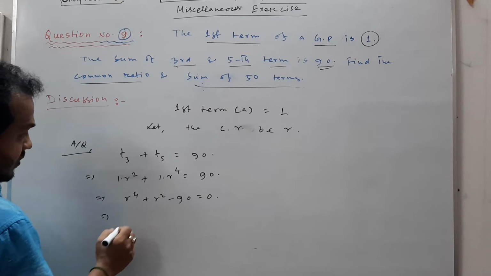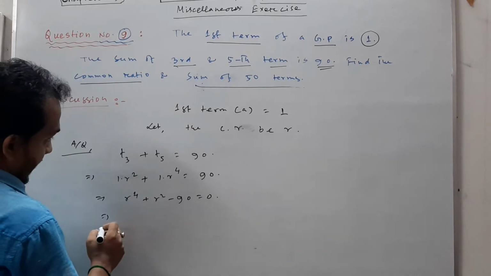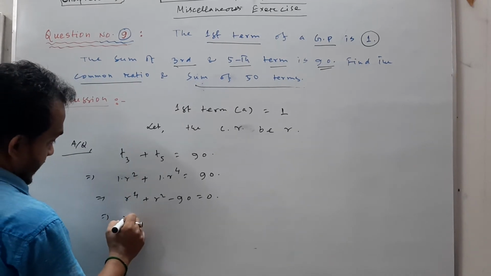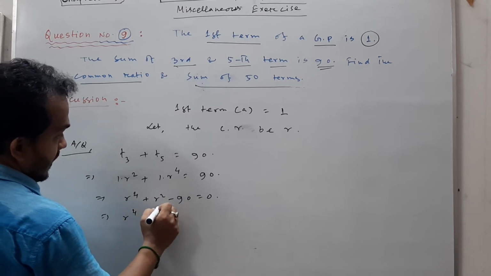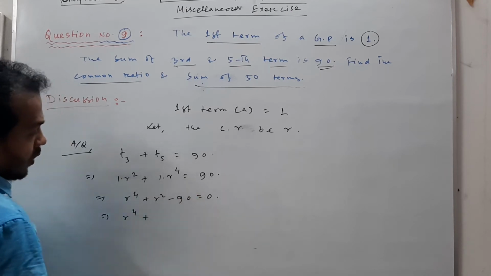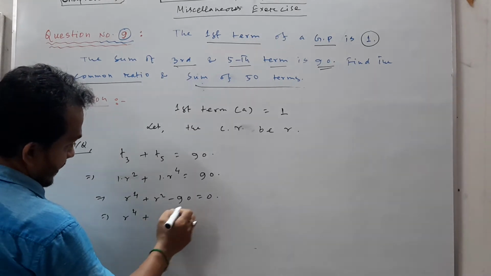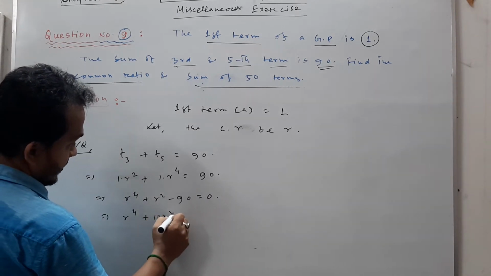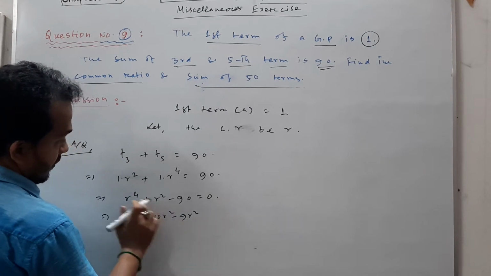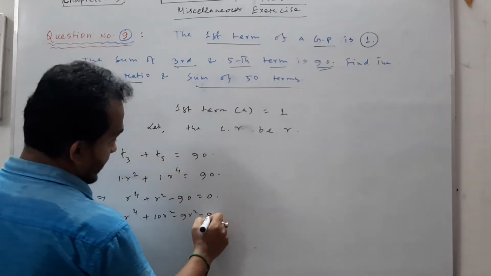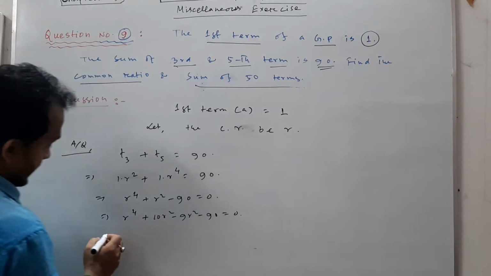Now solving this equation, we can get the value of R. If we factorize 90, we get 10 into 9, so R power 4 plus 10 R square minus 9 R square minus 90 is equal to 0.